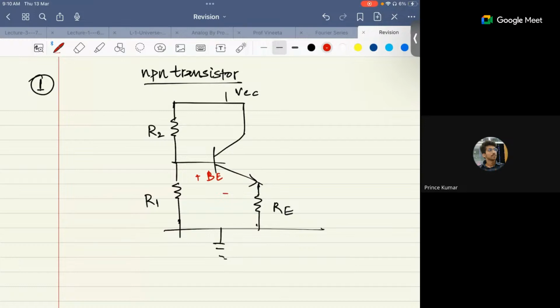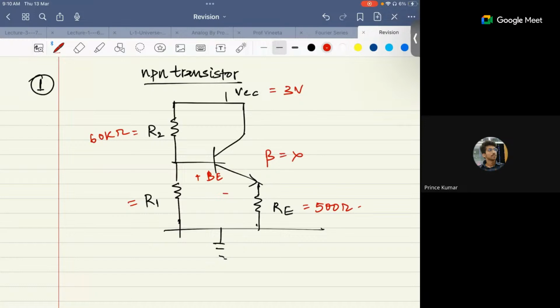Okay, so the question is, let's say the VCC given is 3 volt, and this is 60 kilo ohm. And beta, just think of as infinite.